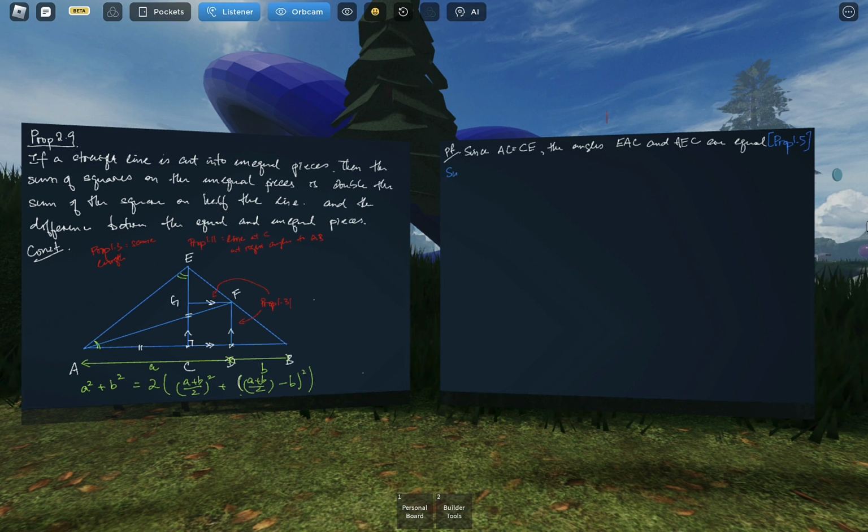And since ECA is a right angle, again by construction, that's a right angle, EAC and AEC are both equal to half a right angle.